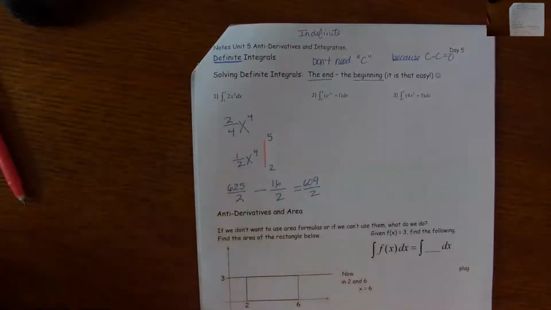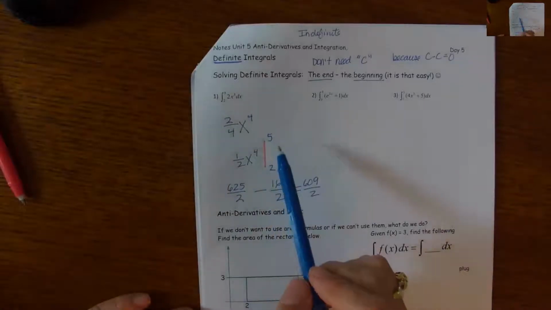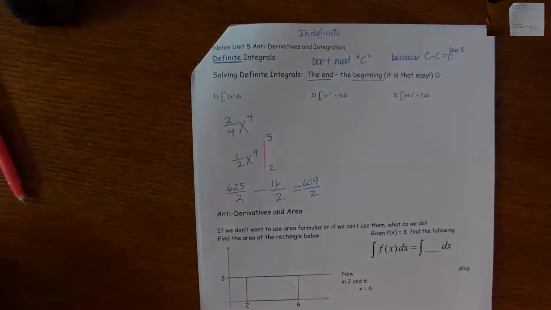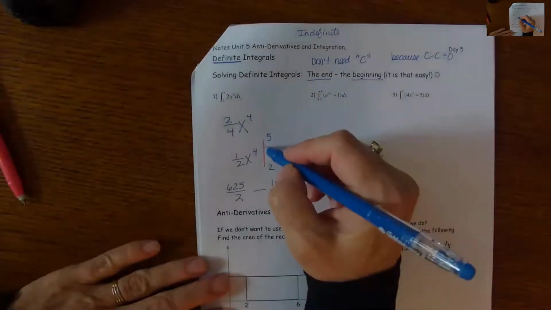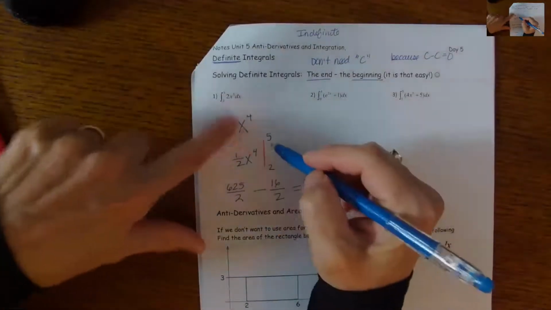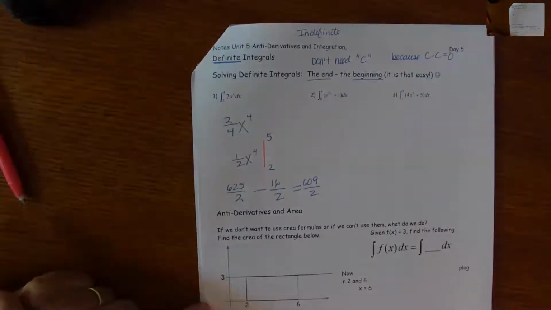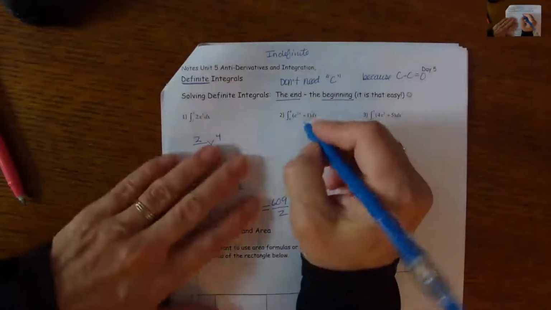So the difference between last time and this time, if this were yesterday, you would put a plus C there and go on your way, but it's today. So you're going to draw a bar, you write your numbers down, then you plug your numbers in and subtract them. Easy?